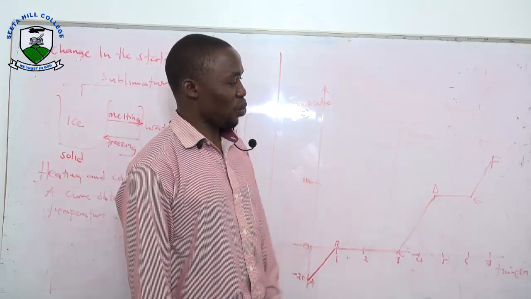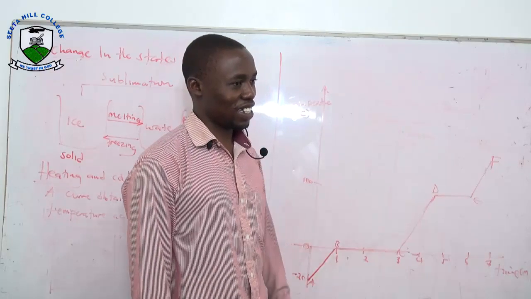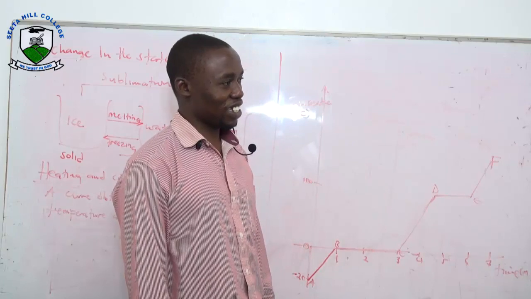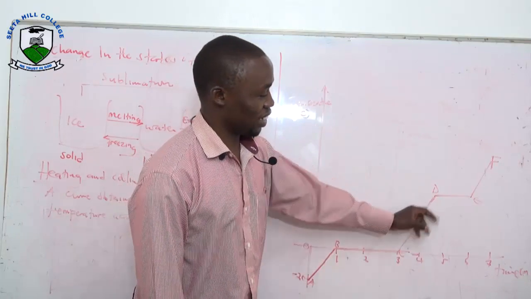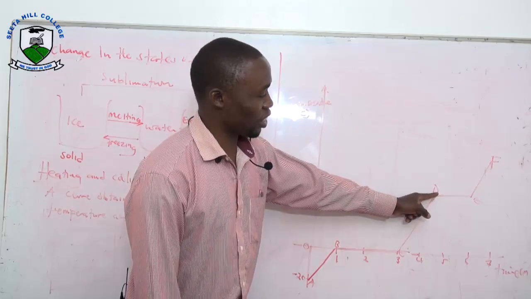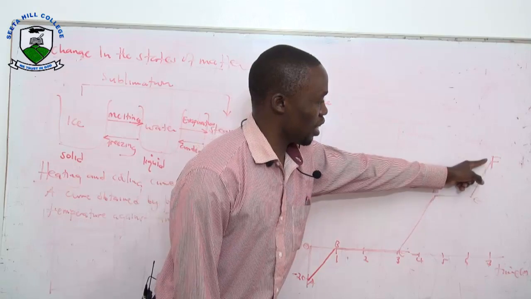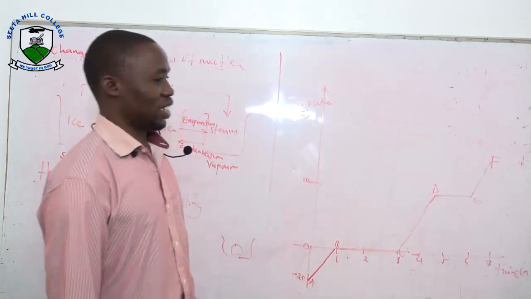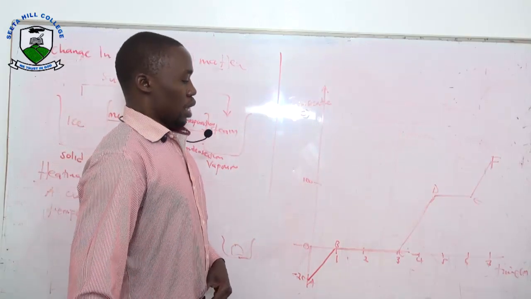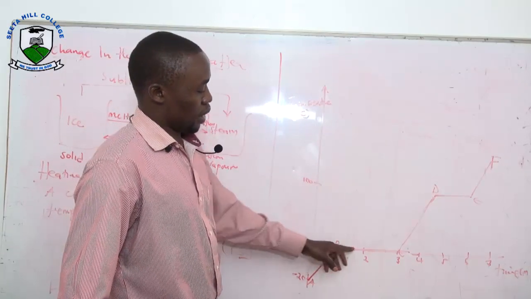Liquid state. Which state of matter is found along DE? Liquid state. What's found here? Gas. So, now, why does this remain constant?